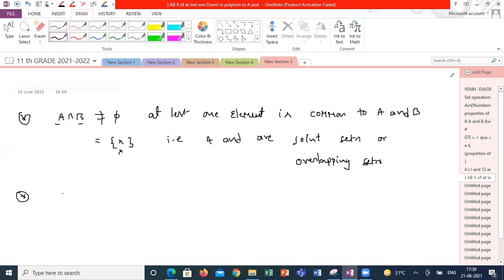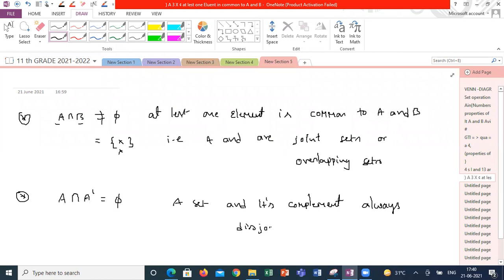Now, what is the intersection of a set and its complement? Null set. Theoretically, how can I say it is a null set? A set and its complement are always disjoint sets.